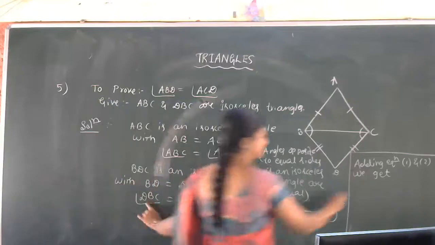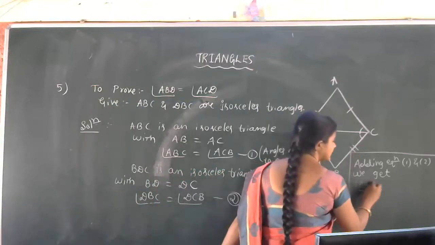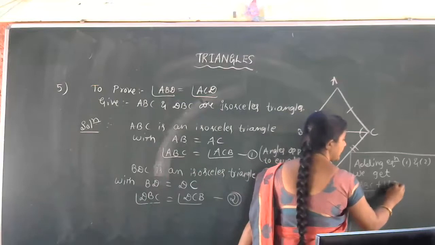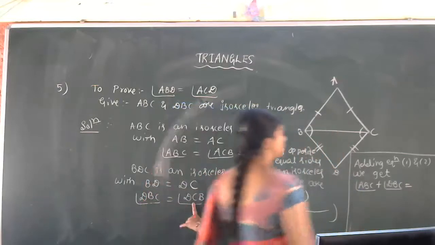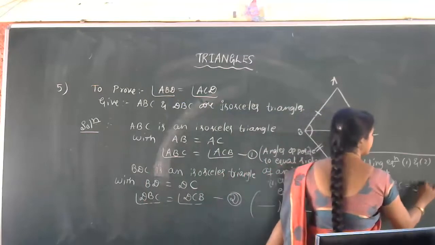What is given first? ABC is an isosceles triangle. Let us start the solution part from the given data.